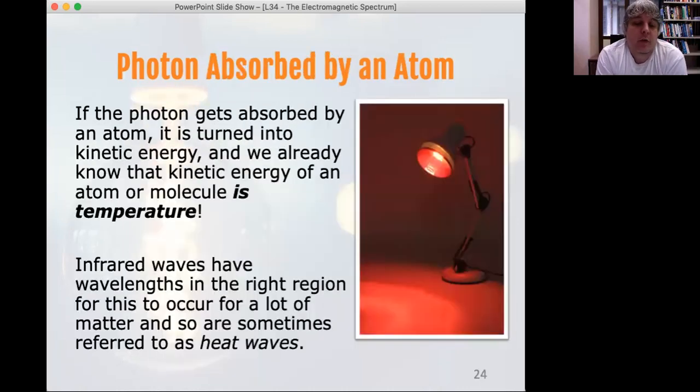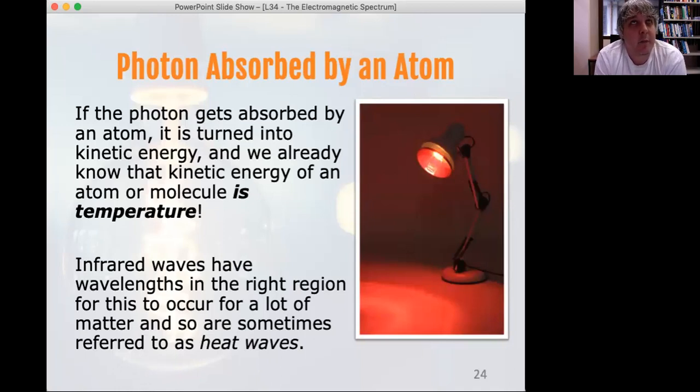Photons can also be absorbed by an atom. Photons of different wavelengths and different frequencies will get absorbed by different atoms with different readiness, like different ease. Same as we saw for the idea of thermal radiation absorption, reflection and emission.